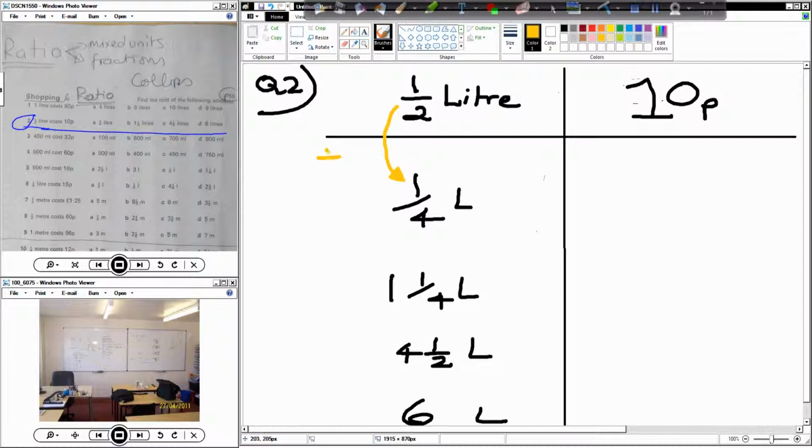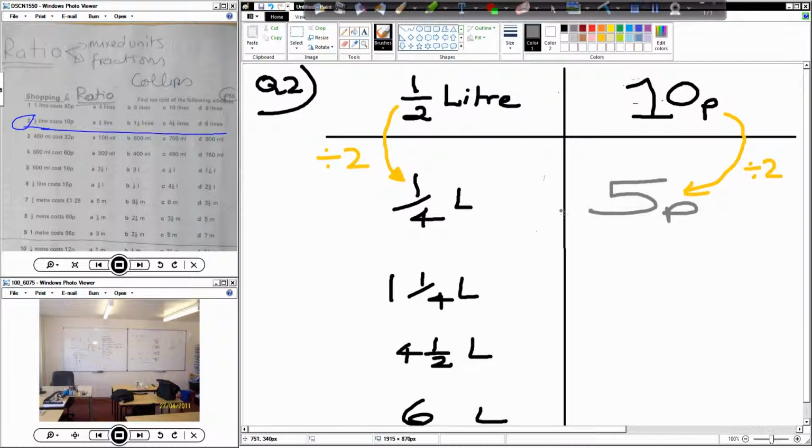Divide by 2. Excellent. Because a quarter of a litre is half of half. So if we divide that side by 2, we have to divide this side by 2. So 10p divided by 2 will give us an answer of 5p. That's the first one then.